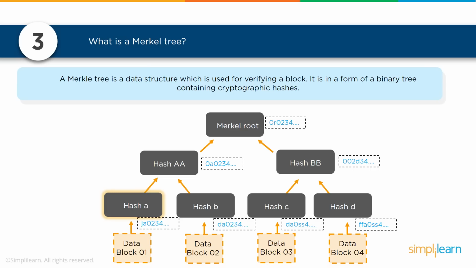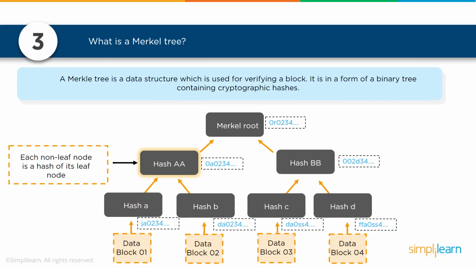Now, what is a Merkle tree? A Merkle tree is a data structure which is used for verifying a block. It is in the form of a binary tree containing cryptographic hashes of each block. Each leaf node is a hash of a block of transactional data, so each leaf node is basically a transaction which is hashed, and each non-leaf node is a hash of its child nodes.